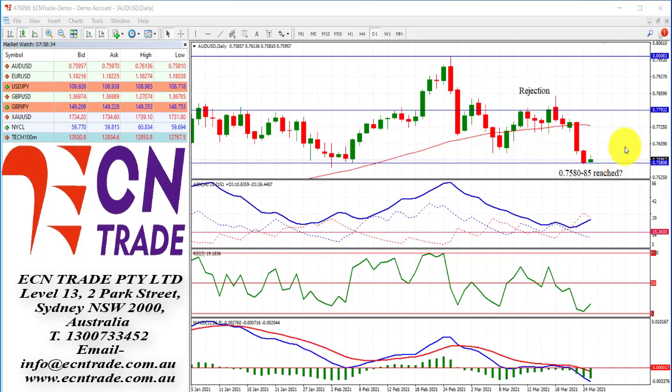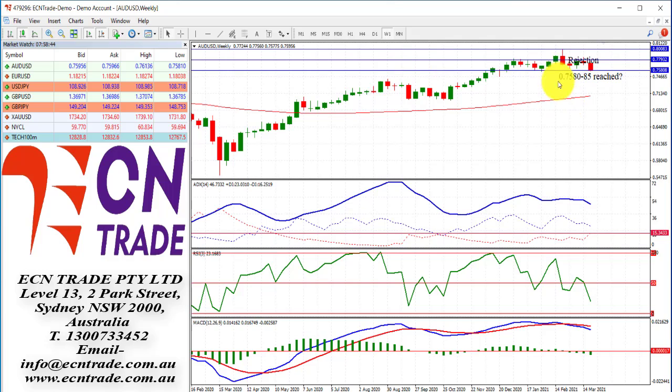However, if by chance we do take out the level of 75.80, which does look pretty unfavourable at the moment, then I would say we are looking further to the downside and a potential target somewhere around 73 cents. From a weekly view, you can see that the broader picture remains relatively heavy.